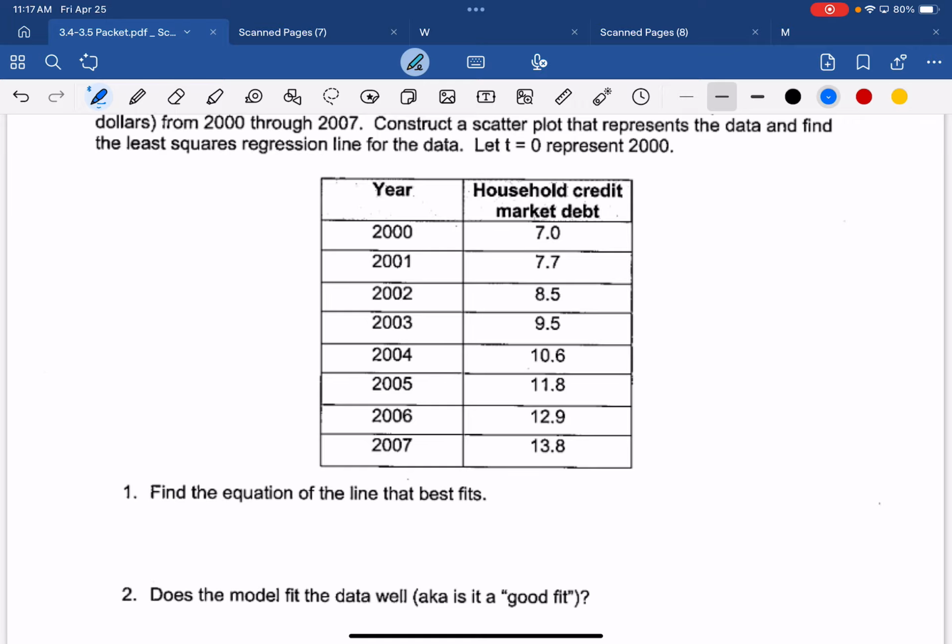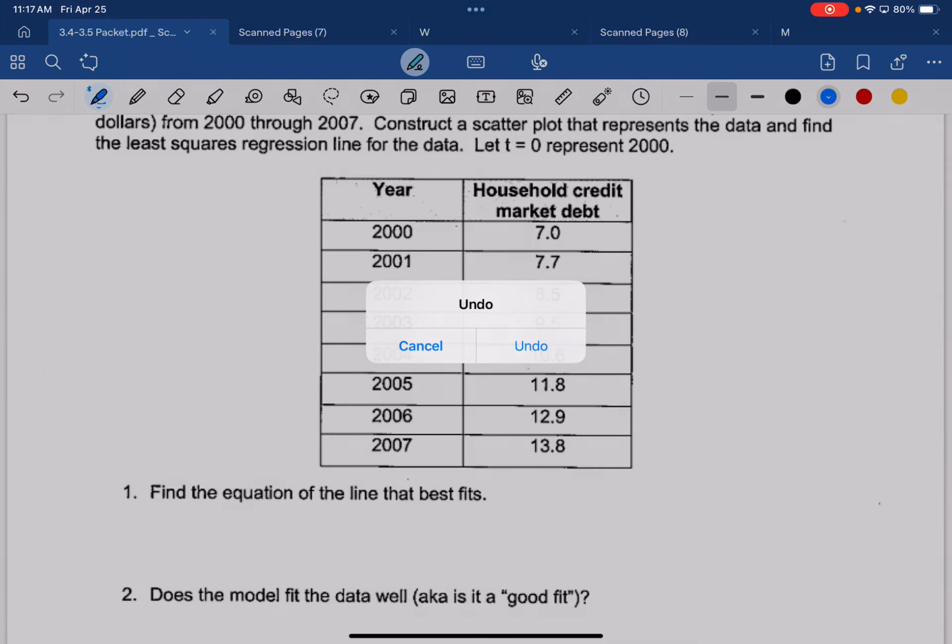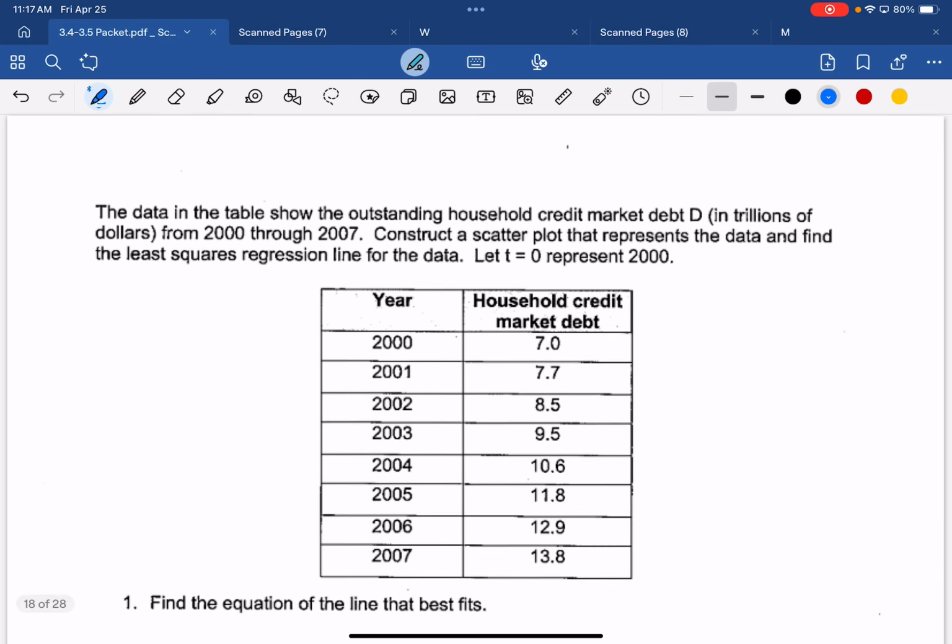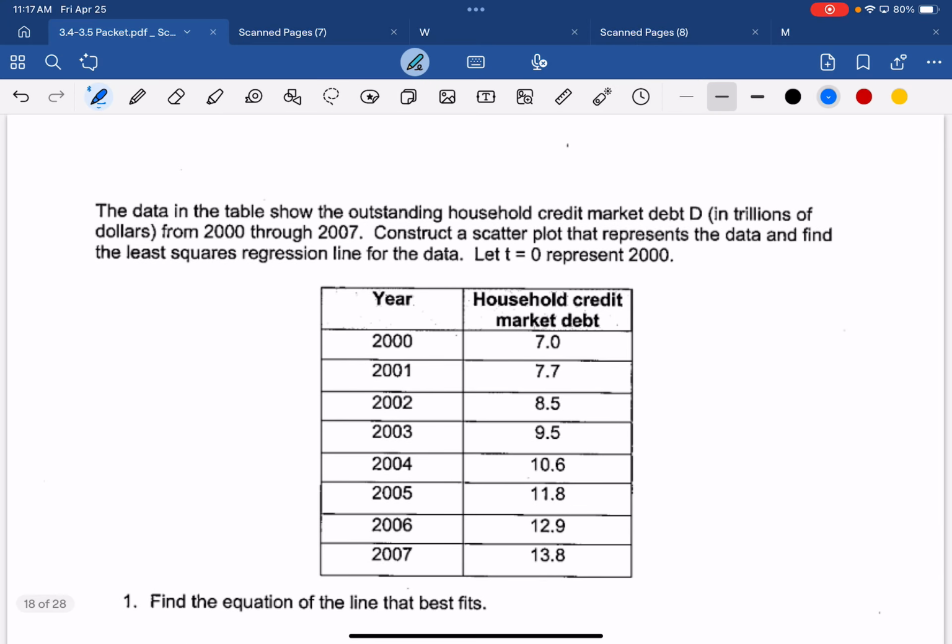We've got a new table. Now before you start typing away, set your calculator Stat Diagnostic on. Just set it now. Put it on. It's in mode.